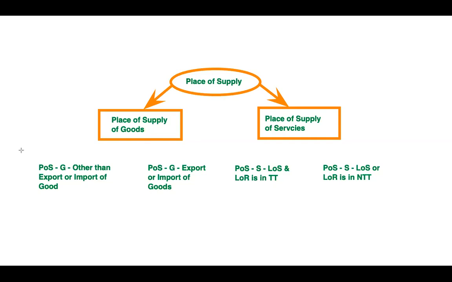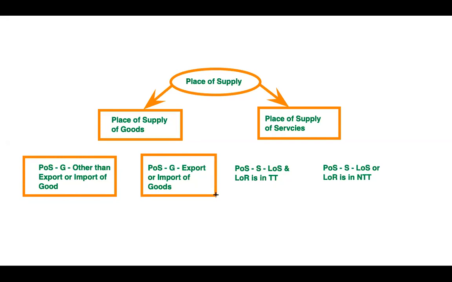In case of place of supply of goods, it is further classified into two types: place of supply of goods other than import or export of goods, and place of supply of goods in case of import or export of goods.